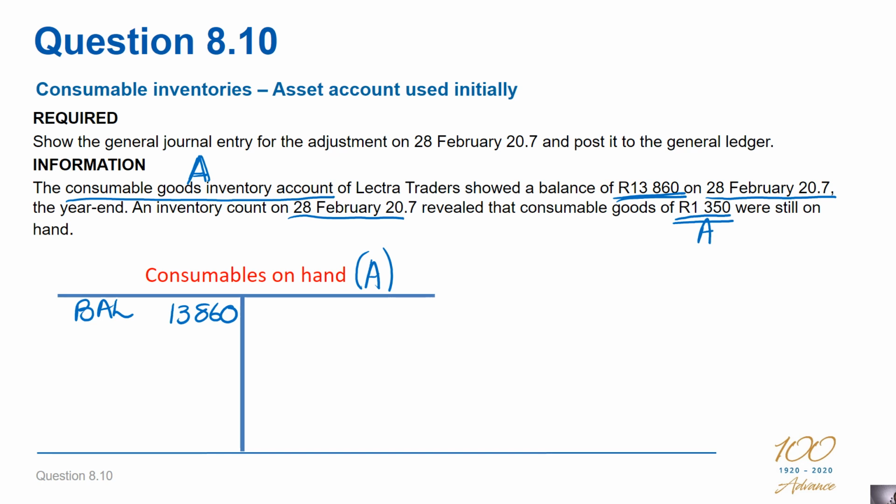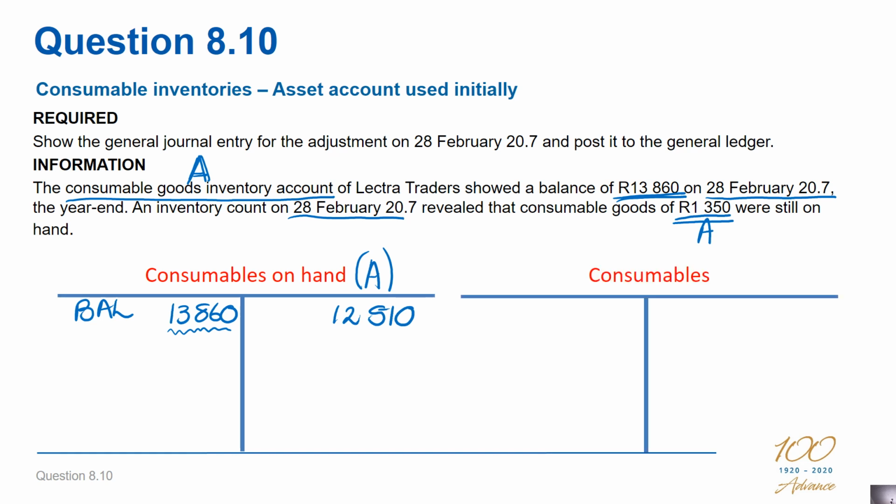So what do I need to do with an amount of 13,860 to get it to reflect only 1,350? I will have to deduct on the credit side 12,510. We know that for every credit we need a debit, so that 12,510 will be transferred to the consumables expense account.